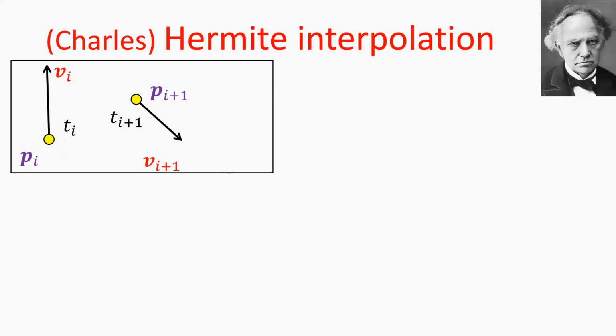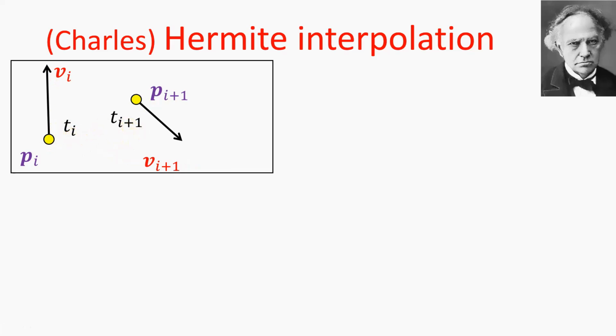Therefore, we discuss the Hermite interpolation only in a special case, when we have only two control points where also the velocities are prescribed. In our special case, we have p_i and p_{i+1}, the two control points, the velocities of the motion here, v_i and v_{i+1}, and we know the points of time when the motion must be here, so these knot values are t_i and t_{i+1}.